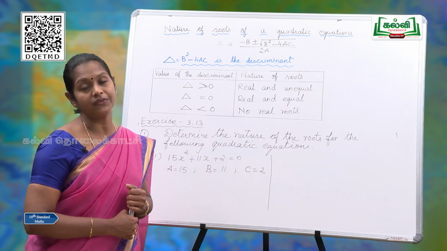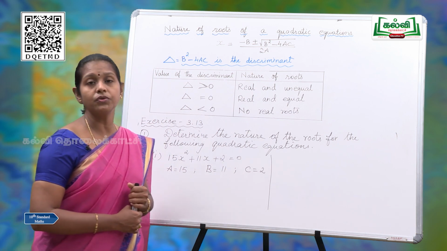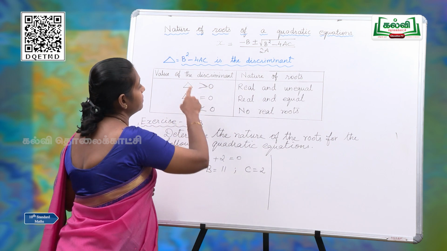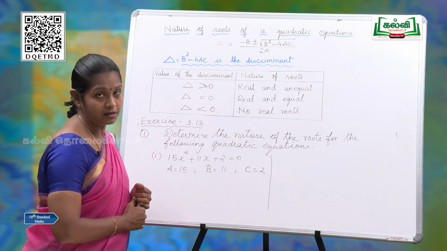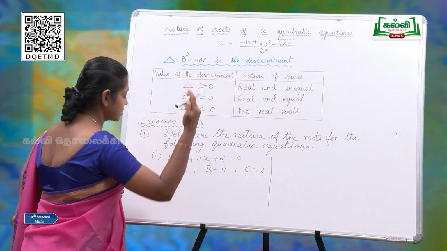So, how am I going to find the nature of roots? As I told you earlier, b squared minus 4ac will be the discriminant which will decide the nature of roots. Shall we start now?